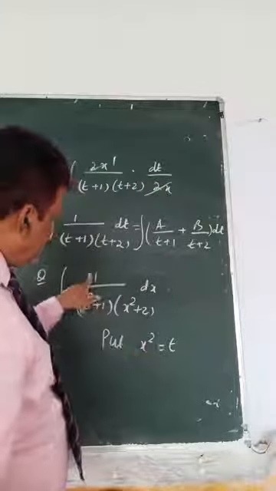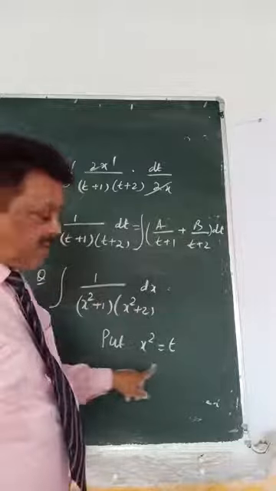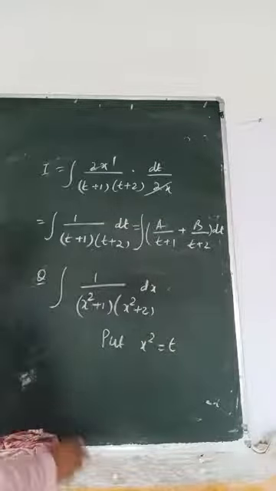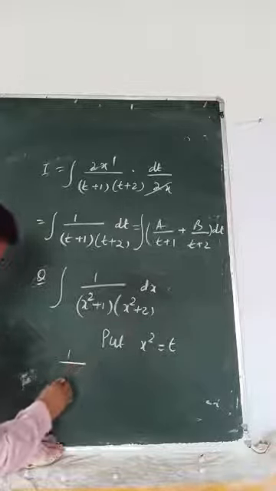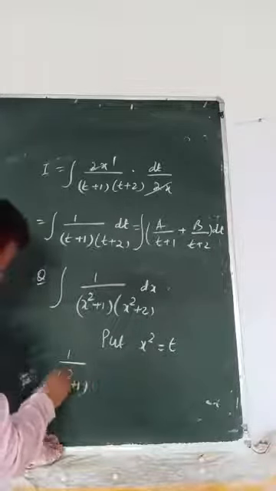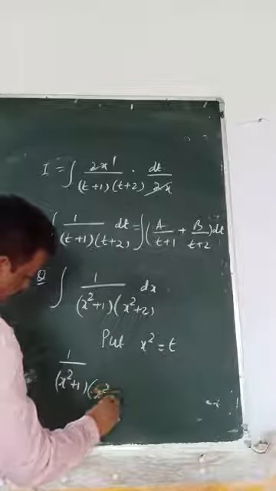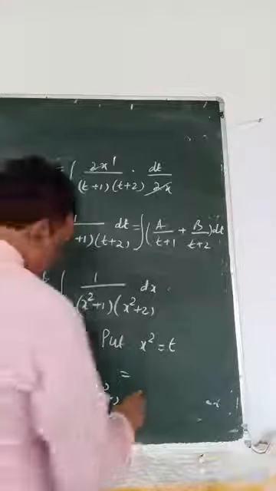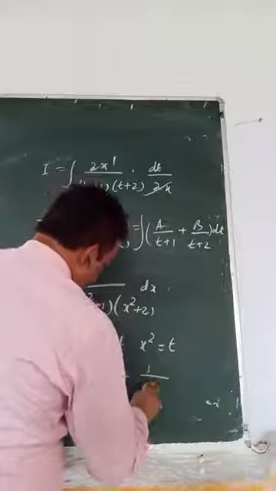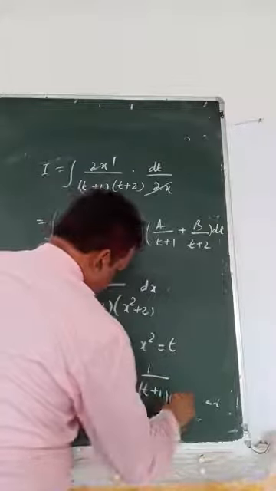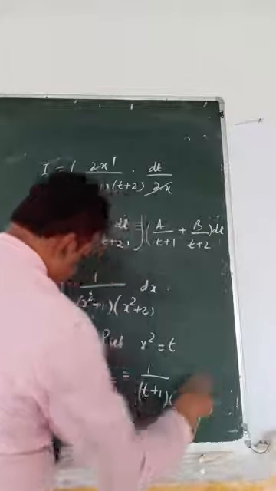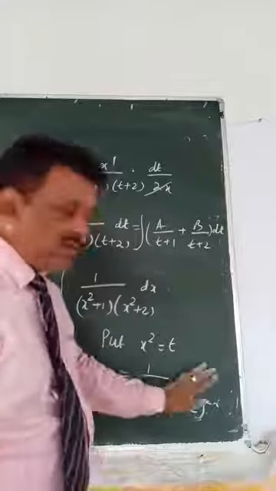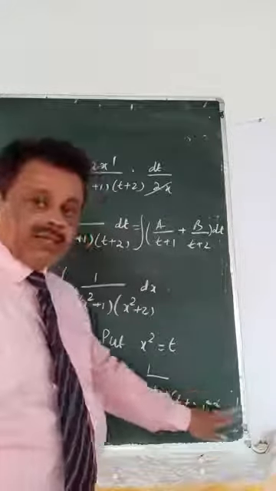But its derivative is not here, so we will not take the derivative. We will simplify using the partial fraction method. So 1 by (x square plus 1)(x square plus 2) will be 1 by (t plus 1)(t plus 2). Okay, but no dx, no dt here, nothing I am writing here.